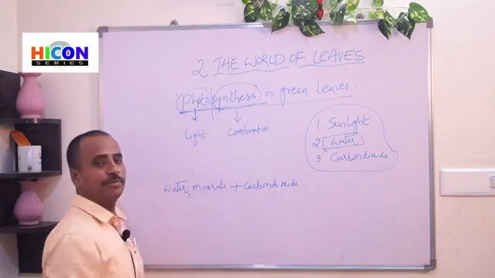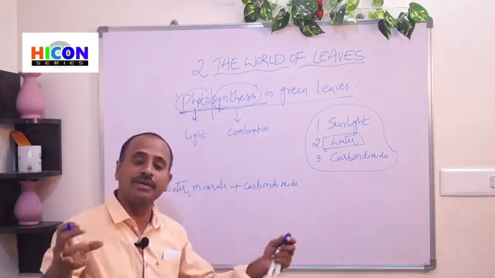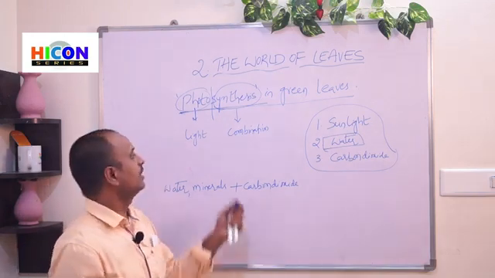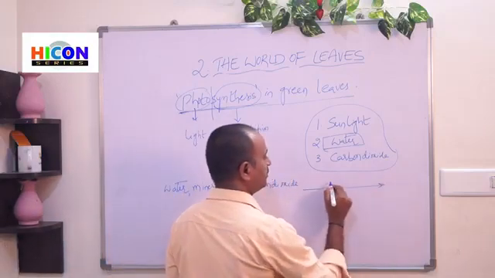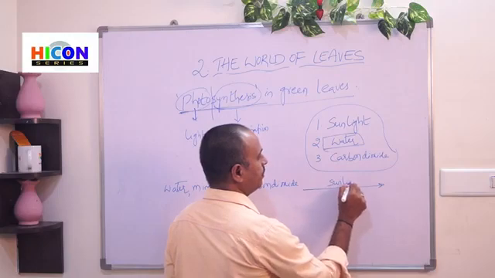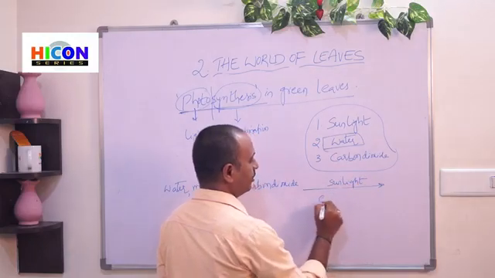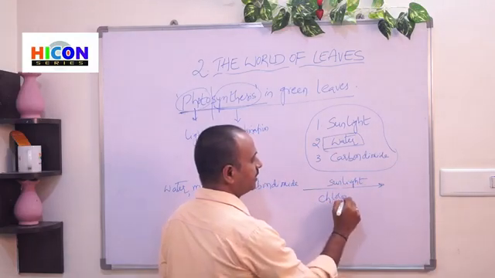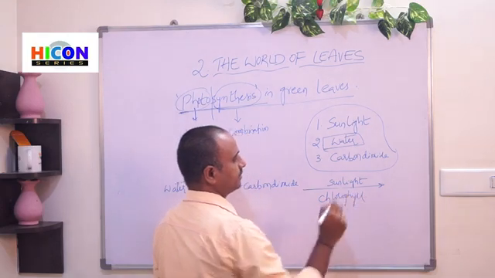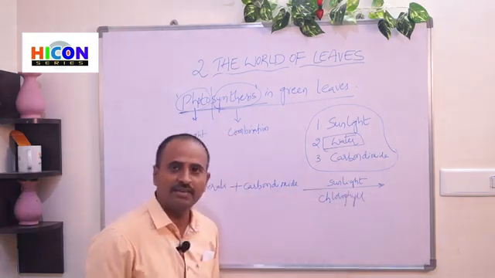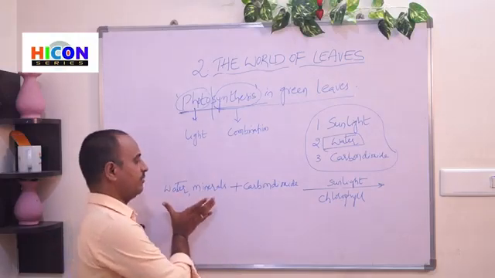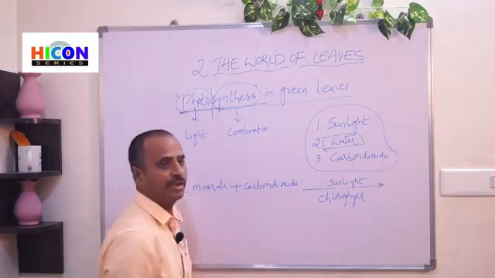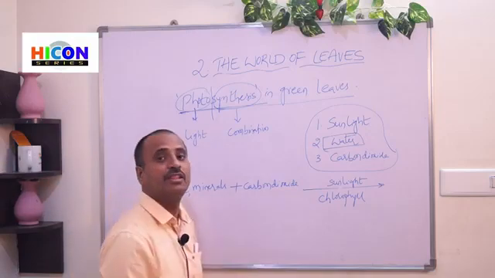So this water, minerals and carbon dioxide are mixed with the help of sunlight and chlorophyll present in the leaves. In the presence of sunlight, the leaves will combine, that means the leaves will mix the water, minerals and carbon dioxide, and they will prepare the food.